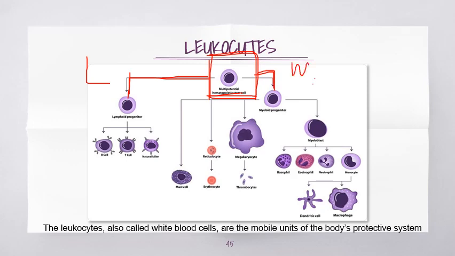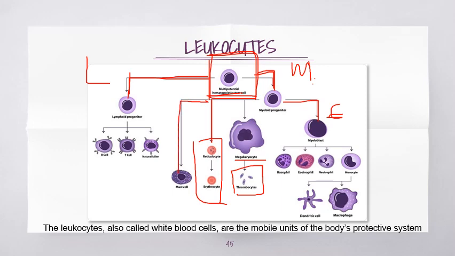In the myeloid series, it may become the granulocytes, megakaryocyte that will produce your platelets, erythrocytes that we discussed earlier, or the mast cells. I won't be discussing the thrombocytes because it will be too long, and I'd like to discuss them in the hemostasis part of your discussion.